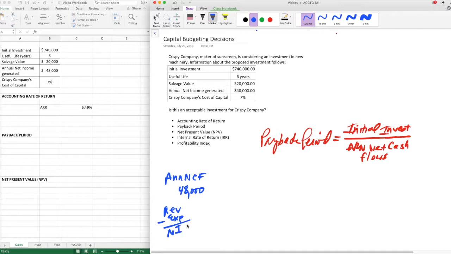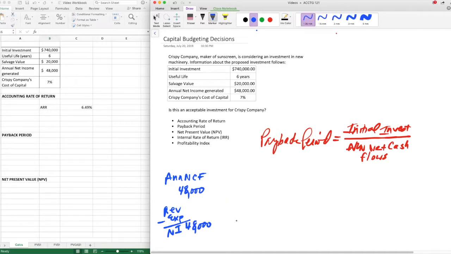And one of the expenses figured in here is depreciation. So if the net income is $48,000, depreciation has been subtracted from this. And as we should know, depreciation is not a cash expense. We spend no money on depreciation. So we need to take that into consideration here.